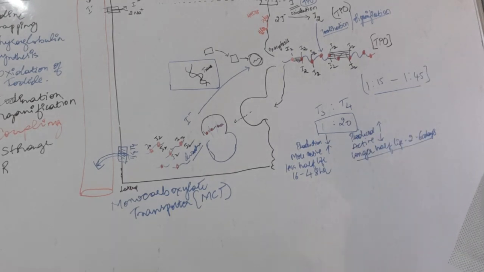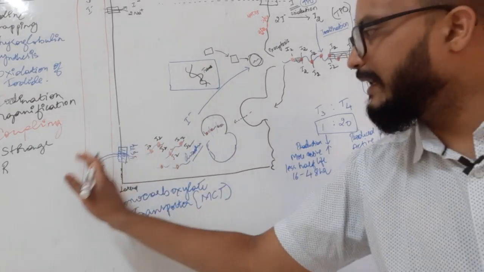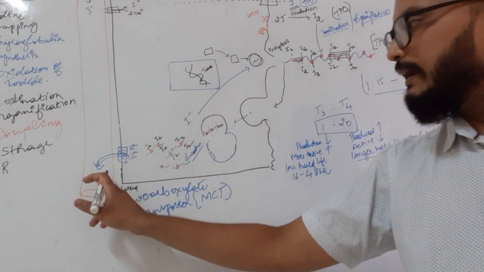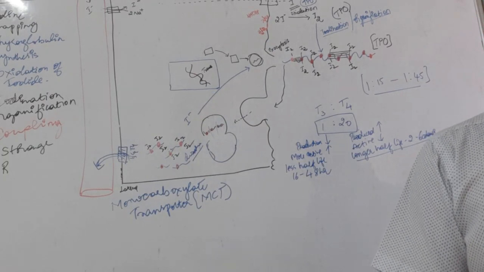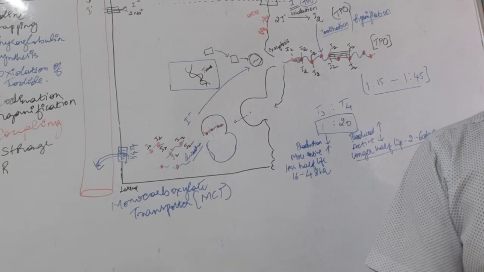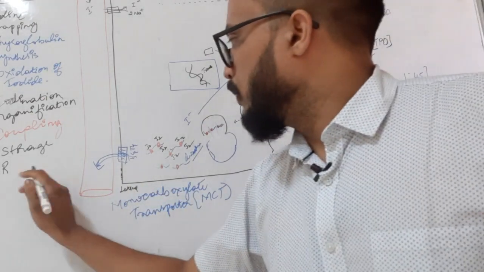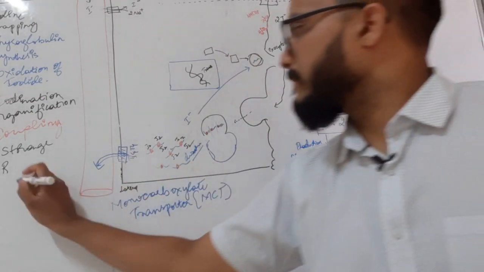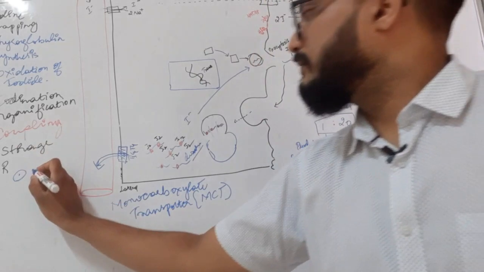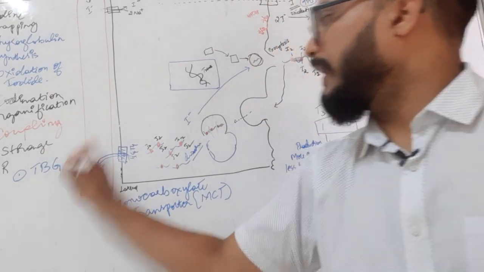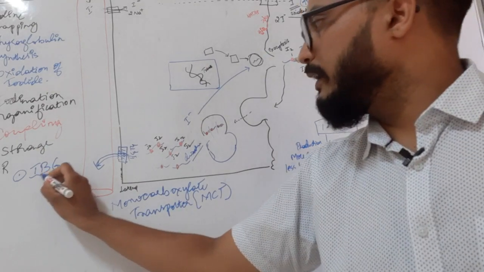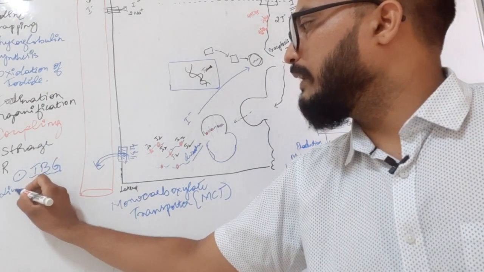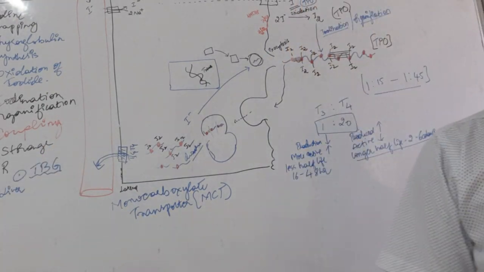So, once produced or once it is released into the blood circulation, it is carried by attaching to number 1, TBG, thyroid binding globulin. So, thyroid binding globulin is produced from the liver where the thyroid hormone attaches to.